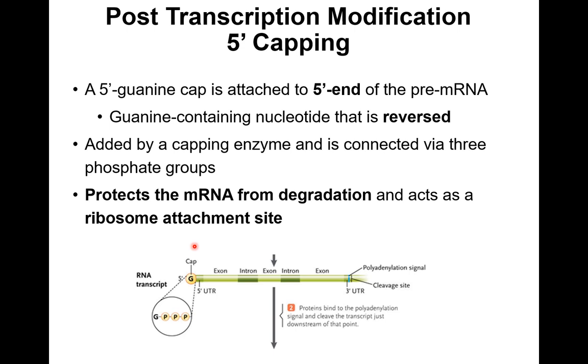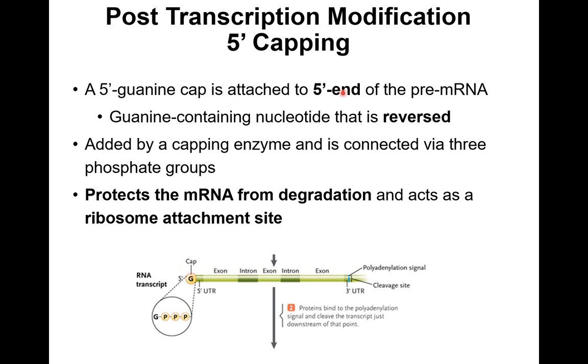And so this is the point of doing modification in 5', adding a cap, and the 3'. The modification in 5' also allows for the recognition of the final RNA molecule by the ribosome as well. So allows this molecule to be recognized and bound by the ribosome later on through the process of translation.